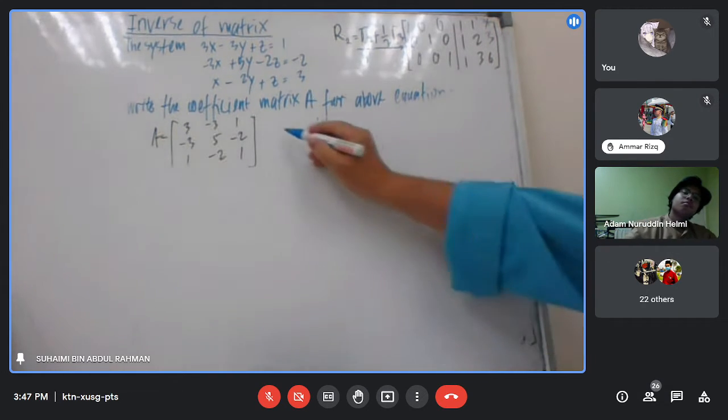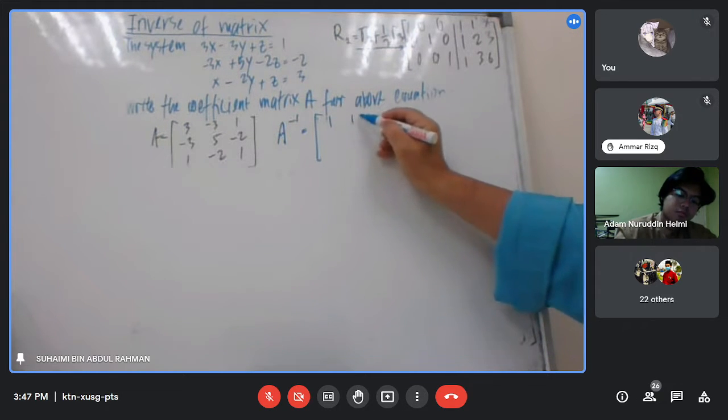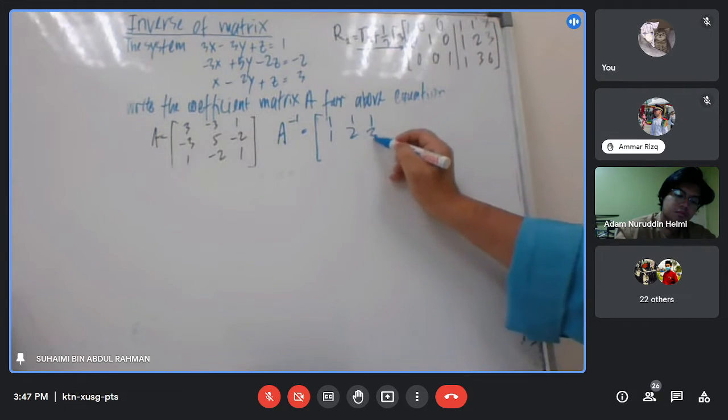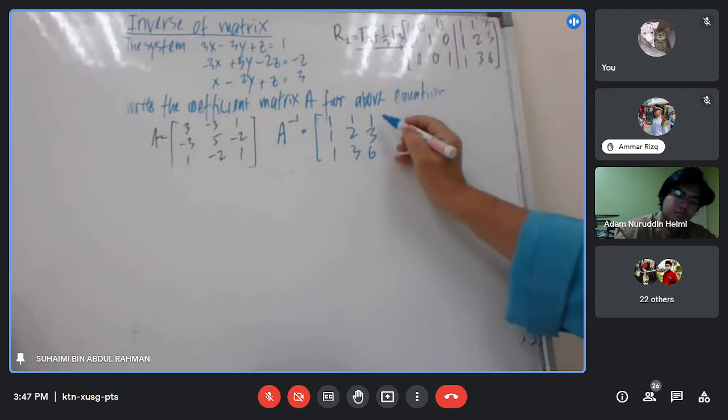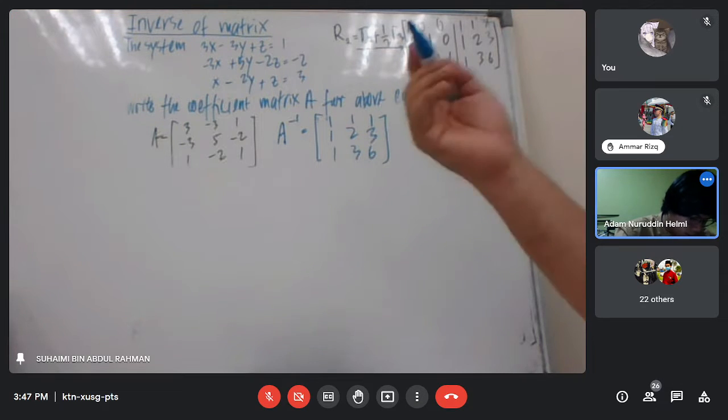So A inverse is 1, 1, 1, 1, 2, 3, 1, 3, 6. This is A inverse. A inverse is 1, 1, 1, 1, 2, 3, 1, 3, 6.